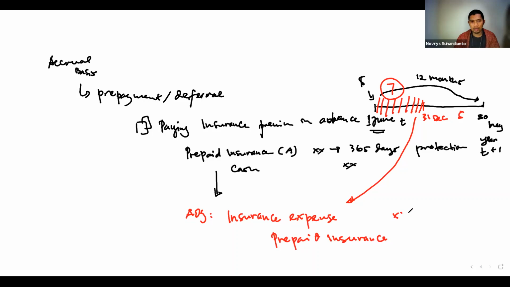We record insurance expense to capture the economic benefit that has already expired. We credit prepaid insurance to reduce the economic benefit. Okay. Question? No? Everything is fine? Okay.